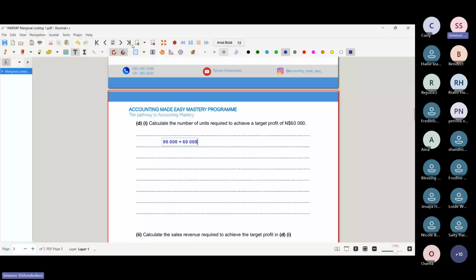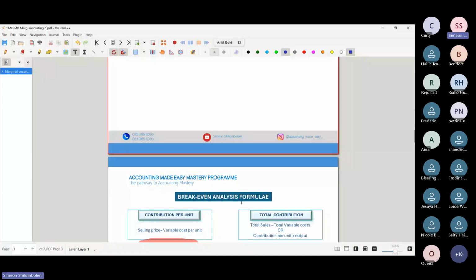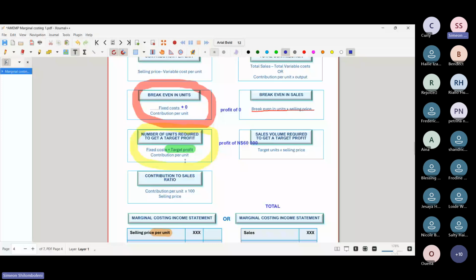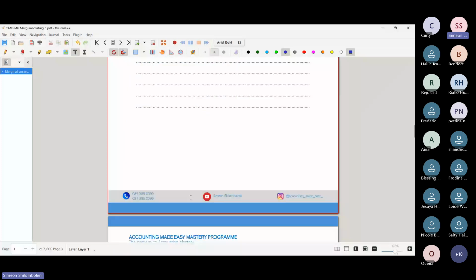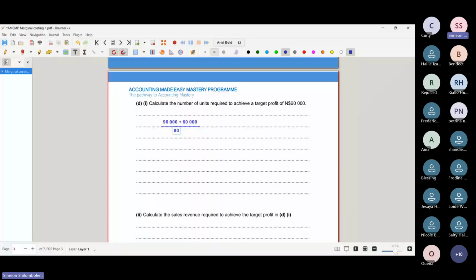And then divided by, if you check here, contribution per unit, which is selling price minus the cost price. And our contribution per unit, we already know it as 80. That's why I say the moment you know the things on top, the rest of the calculations becomes easier. But if you mess them up there, everything that you are going to calculate below is not going to be correct. Now, can you calculate that for me? How many units must I sell?